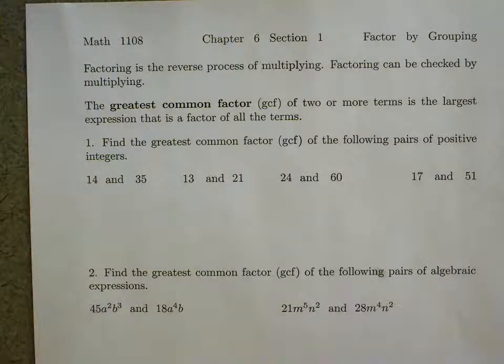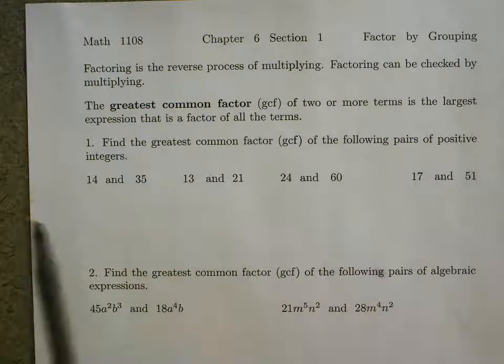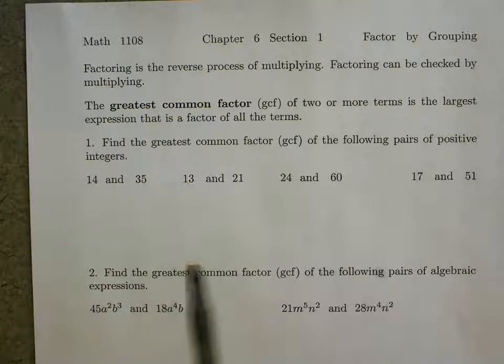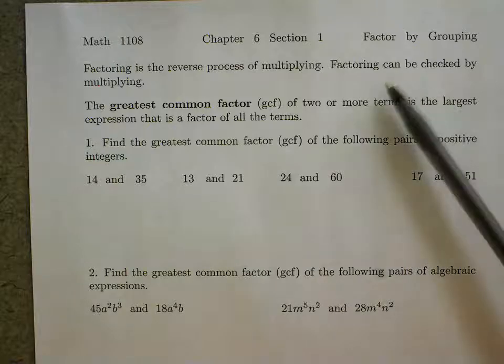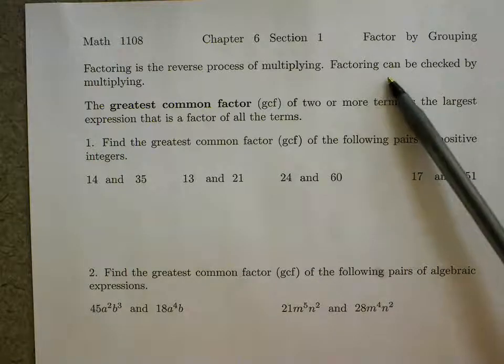Factoring is the reverse process of multiplying. Yesterday we discussed how to multiply polynomials, and factoring is doing that process in reverse. And you can always check your factoring by multiplying.